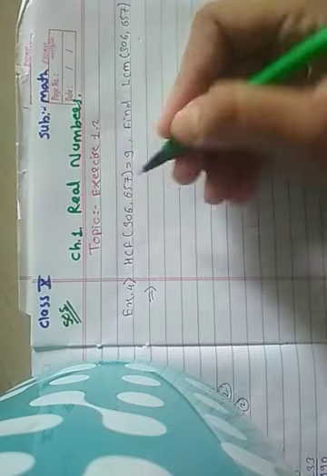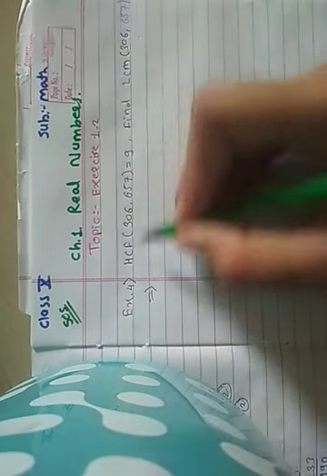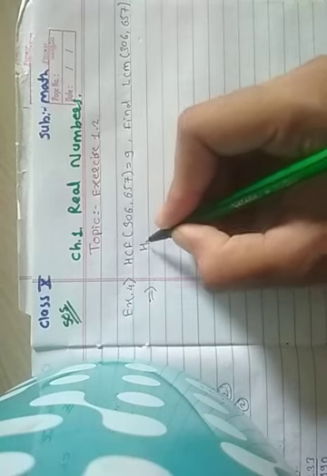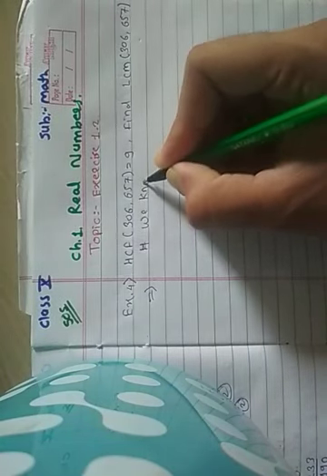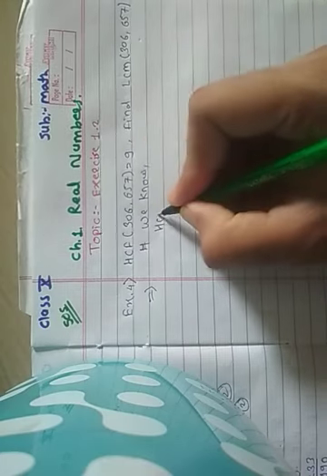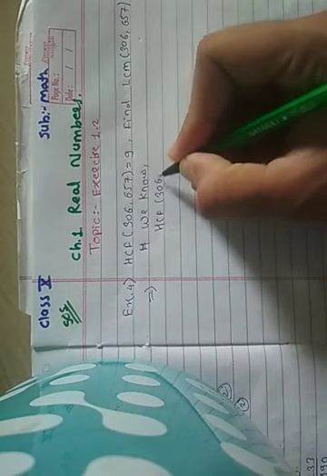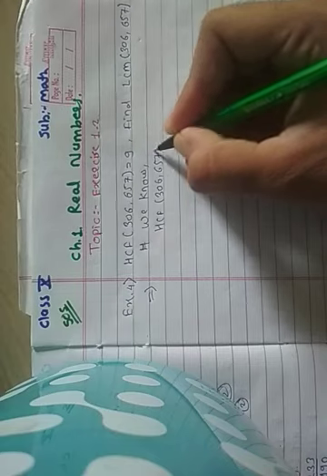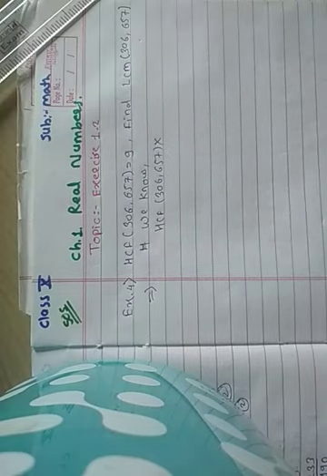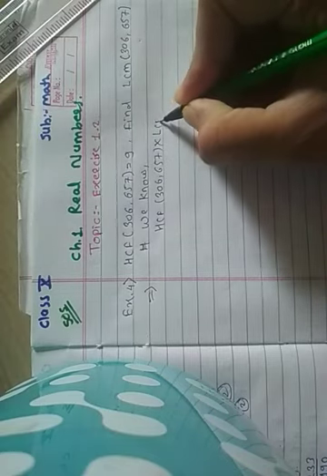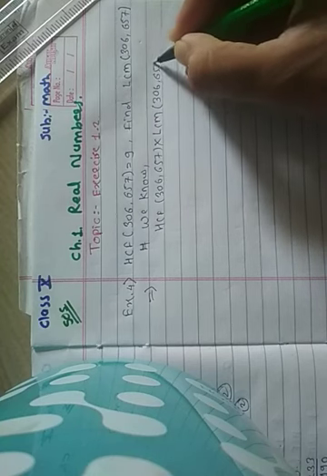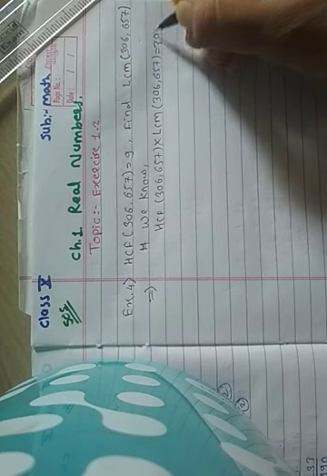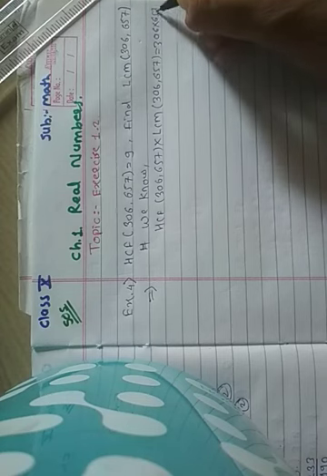I hope you understand. We know this relation: HCF of 306 and 657 into LCM of 306 and 657 is equal to 306 into 657.